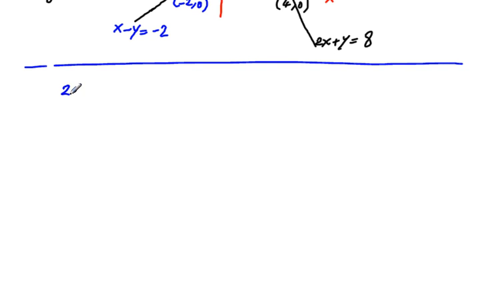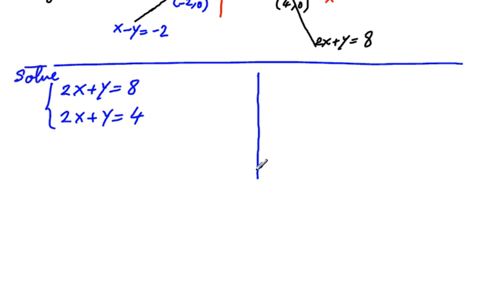Here is an example. Suppose I had 2x plus y equal to 8 and 2x plus y equal to 4, and I ask you to solve this system. Many of you probably can just look at that and come up with a verdict right off the bat. What would be the verdict? There are no solutions.